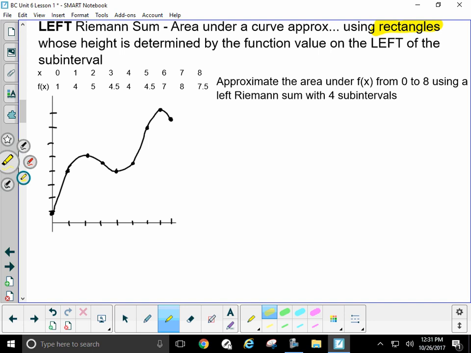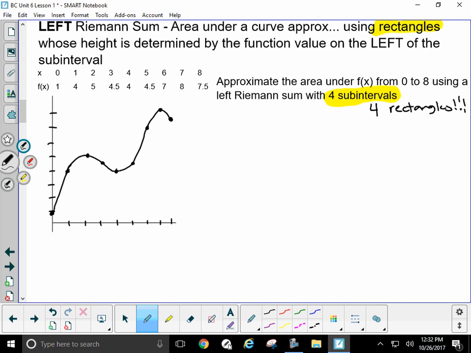Step 1 is always to worry about the width. Okay, so we are trying to approximate the area under this function from 0 to 8 using a left Riemann sum with 4 subintervals. This is the first thing you should be focused on. 4 subintervals meaning I'm using 4 objects or 4 rectangles. So I'm going to place 4 rectangles down to approximate this area of the curve.